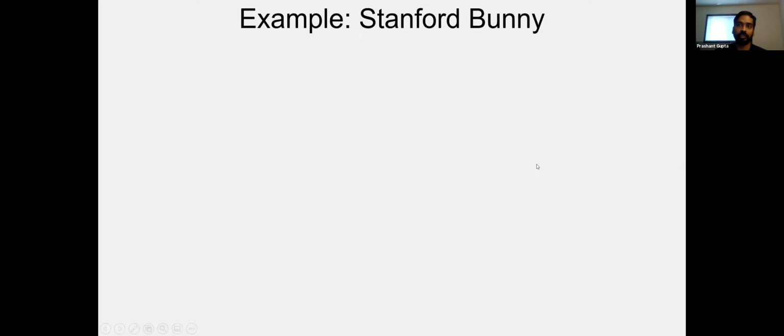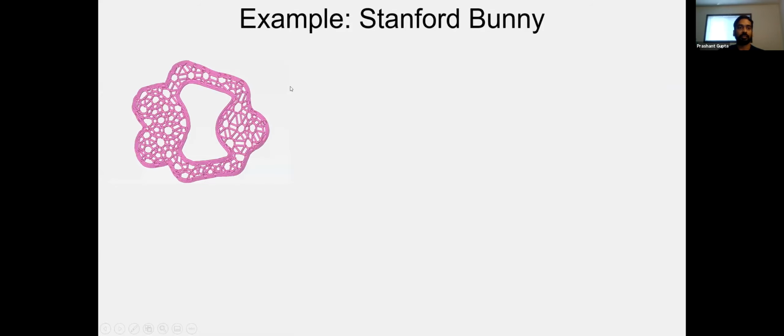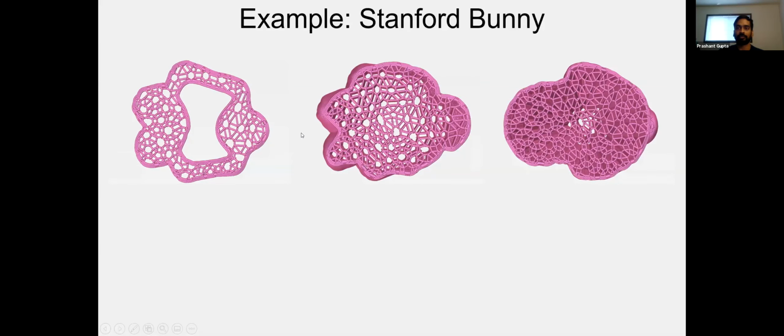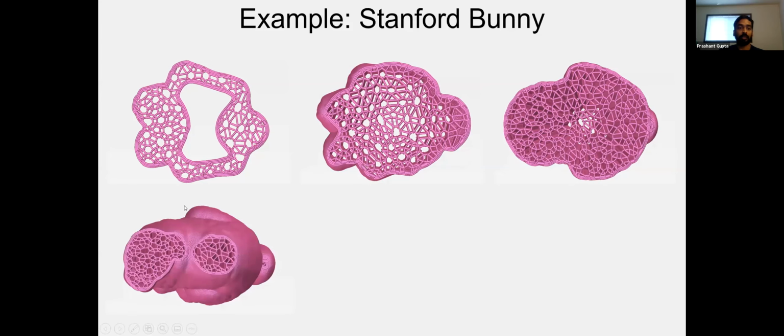Now I'm going to show you the Stanford Bunny, where we completely implemented our framework. We started with this first layer, which has a hole in it, and you can see a regular and a zigzag parameter for the outer boundary and the hole, and some layers. We can also have multiple polygons in a layer, so we can handle that too.